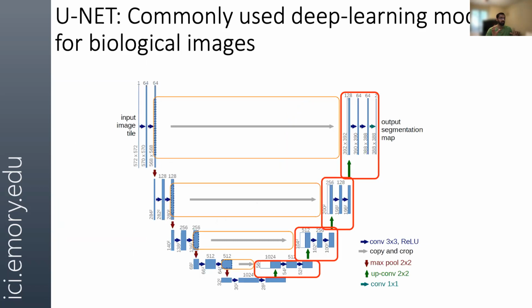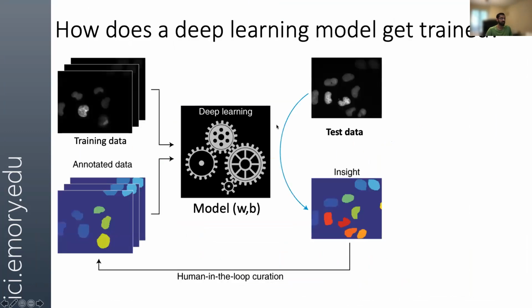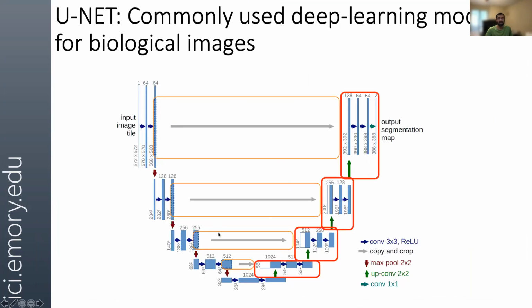But before that, I want to talk a bit about some of the most commonly used deep learning models specifically for biological images. Now, UNet is a commonly used deep learning model, and UNet is one of the convolutional neural network-based models, right? So this is what fits right over here, okay? And what you see on the left side is an input image tile, which undergoes a process of dimension reduction, right?